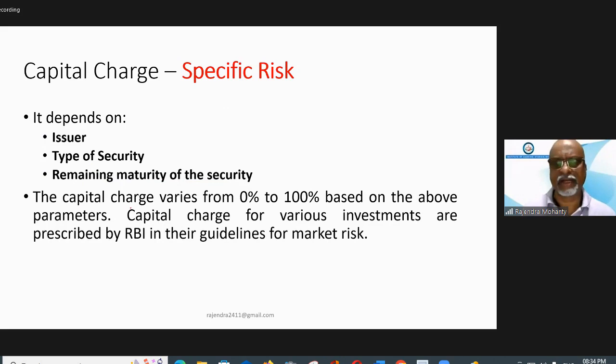The capital charge of market risk varies from 0% to 100% based on the above parameters. There is no constant thing like alpha or beta or any percentage that you can multiply by. Capitals for various investments are prescribed by RBI differently for different types of security or investment in their guidelines for market risk.